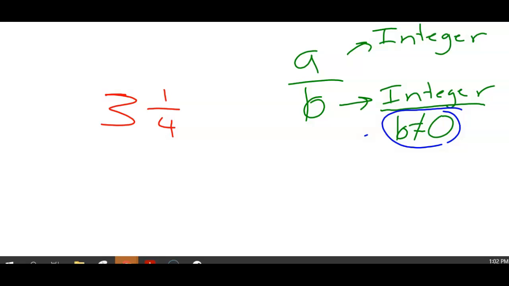Thumbs up or thumbs down? Okay, let's start with an integer. Is 3 1/4 on a number line up there? No, it's not a whole number. Integers are all positive whole numbers, their opposites and 0. Is this a whole number? 3 is, but that's not the number. It's 3 1/4. So this is not an integer, but it is a rational number. Someone tell me why. Max.